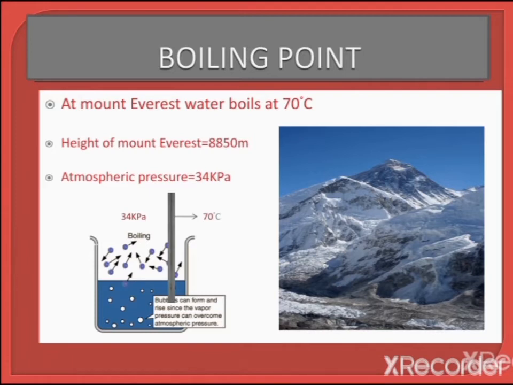So, water boils at this height above sea level when its vapor pressure is 34 kilopascal at 70 degrees centigrade. So, water boils at 70 degrees centigrade at Mount Everest.